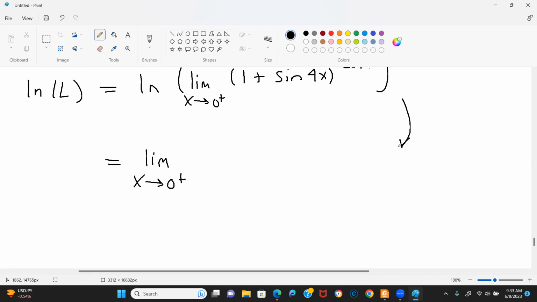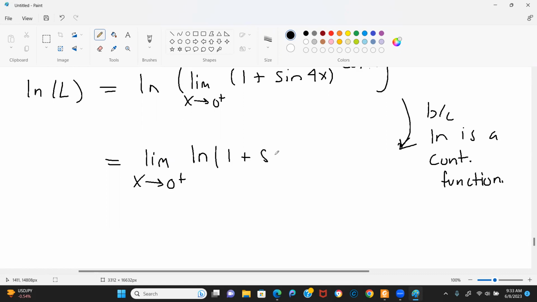We can do this step because ln is a continuous function. And then what we'll have is the limit of the natural log of 1 plus sine of 4x to the cotangent of x.